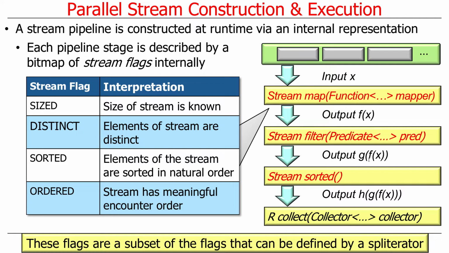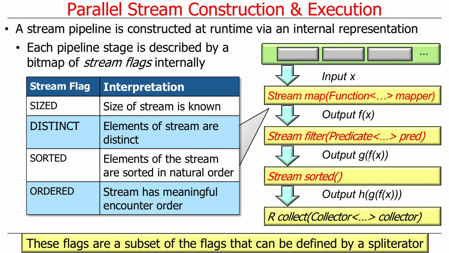There's n of them. Are the elements distinct? That would be the case if the source of the stream was a collection known to be distinct, like a set. Conversely, something like a list, we don't know if that's distinct, so that flag would not be set. Are the elements in the stream sorted in some kind of order?